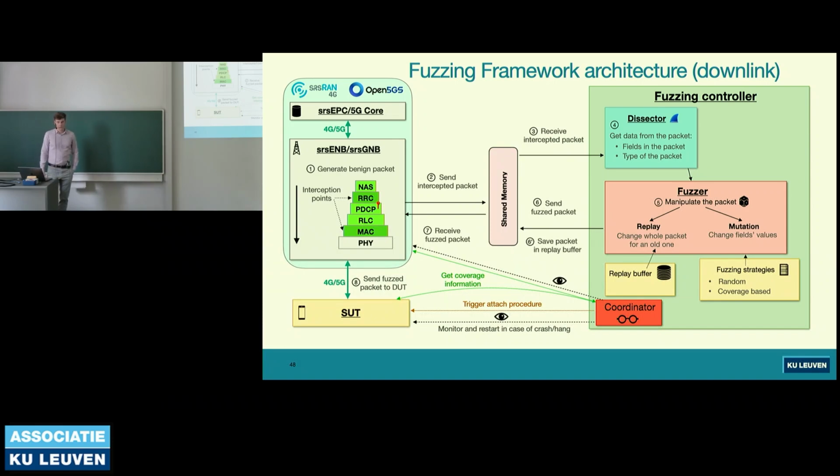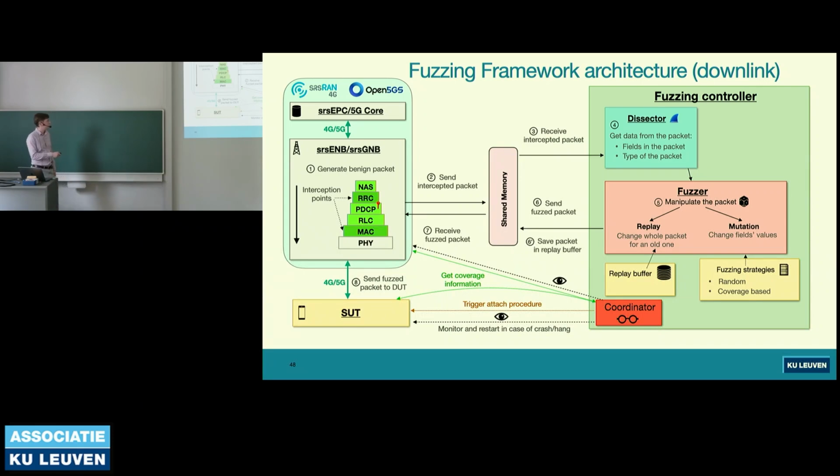But of course, during the fuzzing, we don't want to send benign packets. We want to fuzz them, we want to mutate them. And that's why this part on the right exists. After the benign packets get generated, we intercept them, and we have the possibility to intercept on two layers: one is RRC and one is MAC. Why do we do that? Because on the PDCP layer, we have encryption.